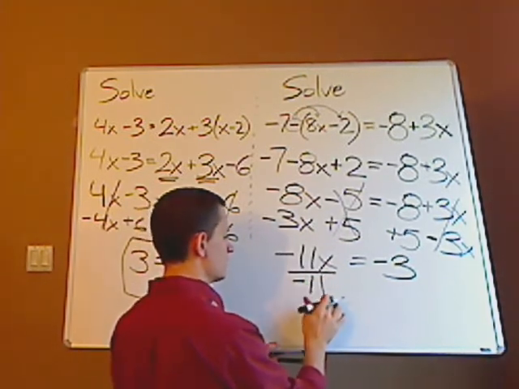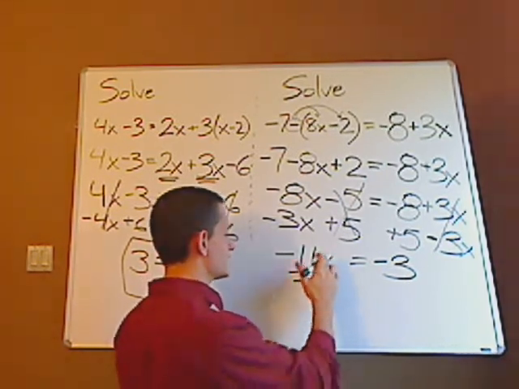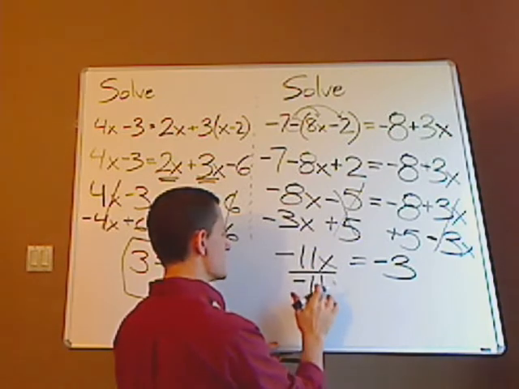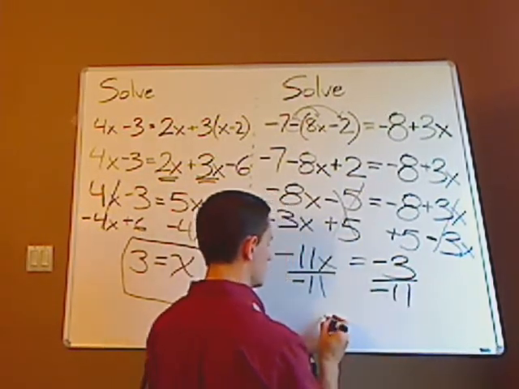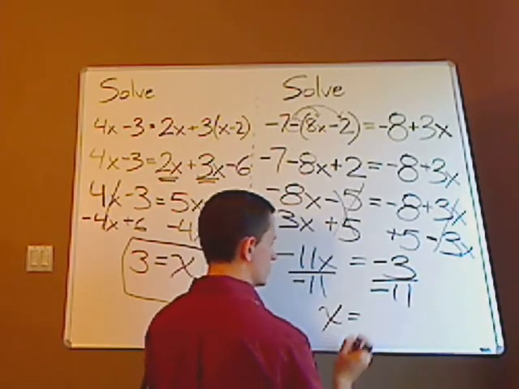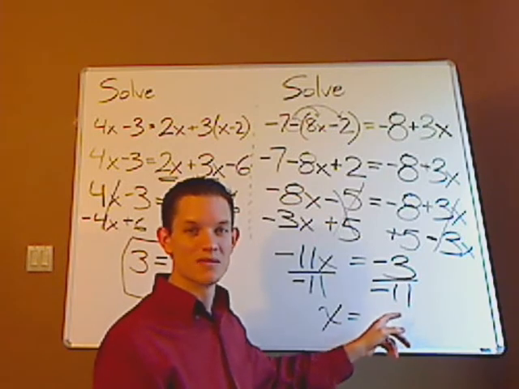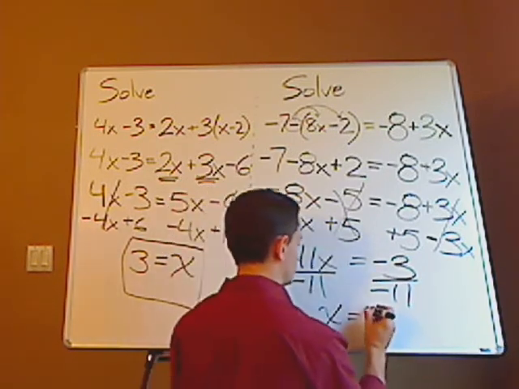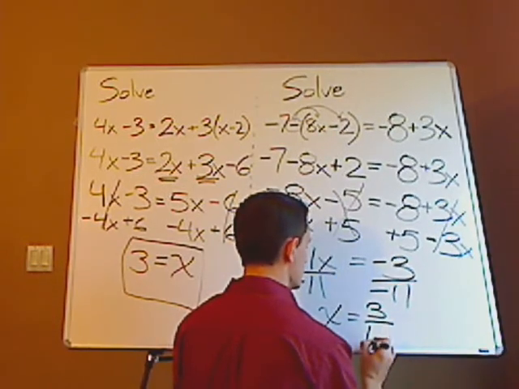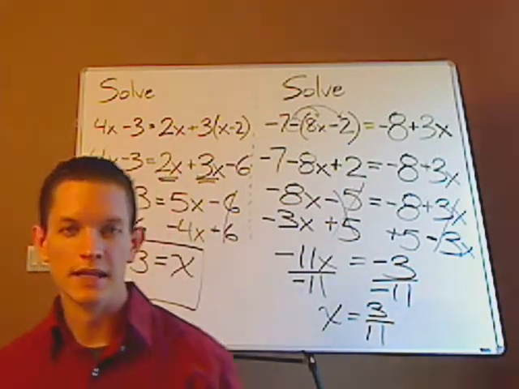You're not going to divide both sides by a negative 11x, because you don't want the x's to cancel, you just want the negative 11 to cancel. So when you do that, you get x equals, but you have a negative over a negative. What's a negative divided by a negative? Right, it's a positive. So that's going to be a positive 3 over 11.